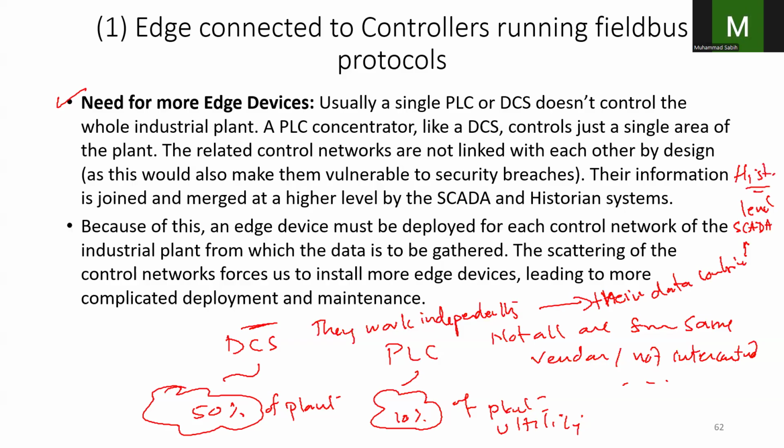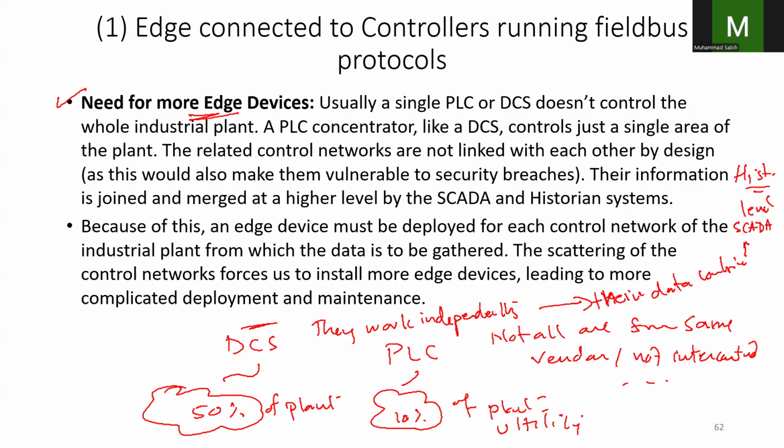So what does that mean for us? When we want to deploy an edge device, we cannot just install one edge node for the whole plant. We must deploy a separate edge device for each isolated control network if we want to collect all the data from it.